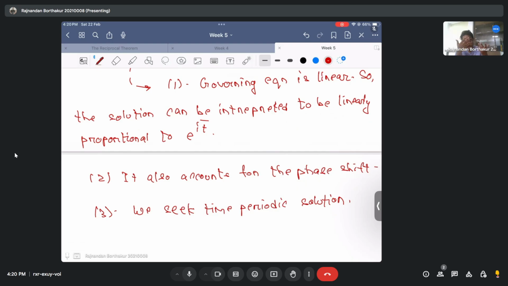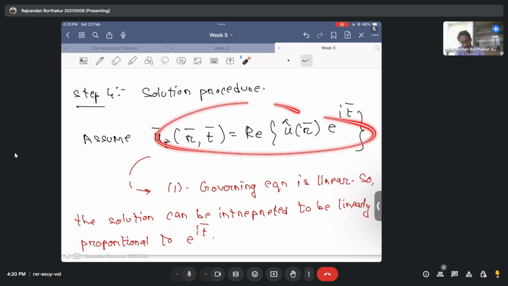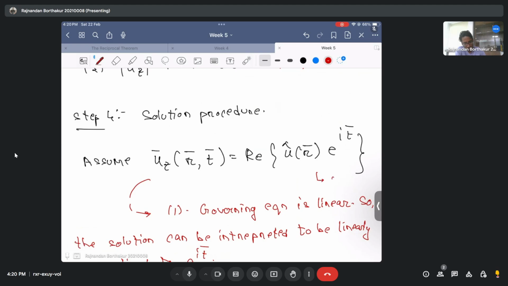That is the idea behind seeking time periodic solutions in such analysis. This is typically the reason why we assume this form of the solution, and I would name this equation 3. I hope you are clear under what circumstances these forms of solutions are valid.